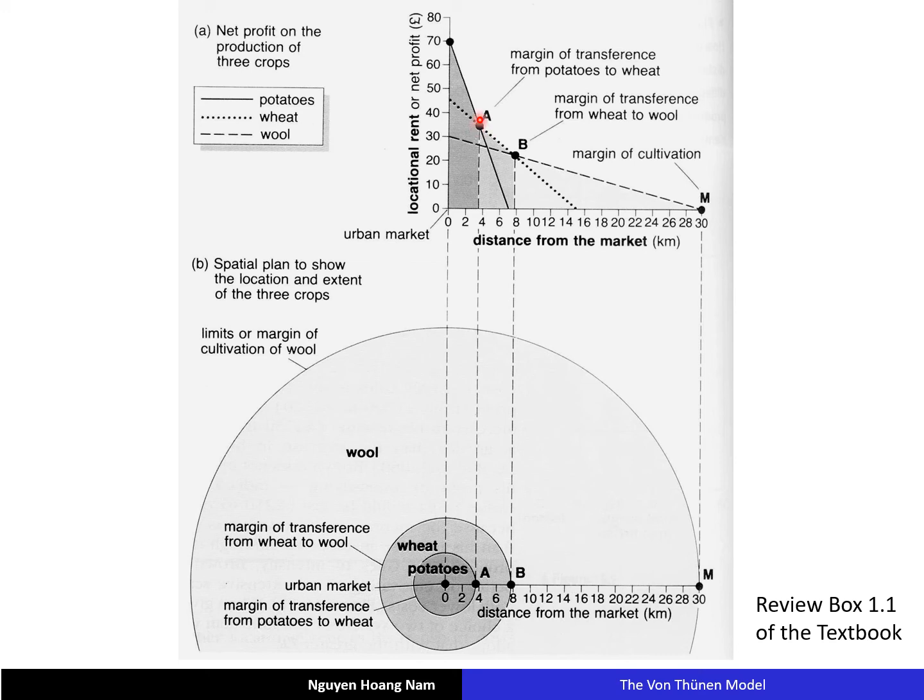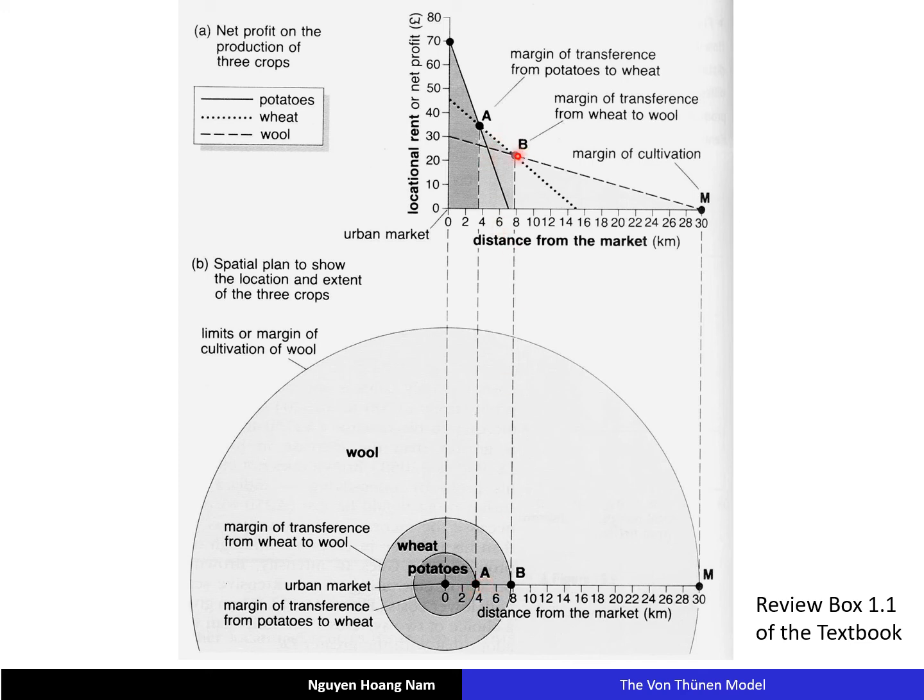If you look at the right from the intersection A, the location range of potatoes is lower than the location range of wheat, and therefore it is sensible to switch from potatoes to wheat, starting from point A. So we will not grow potatoes anymore. From A, we will plant wheat, and so on.